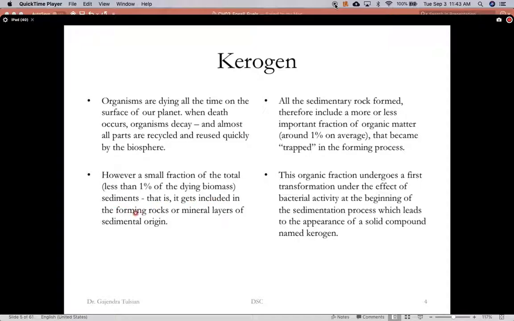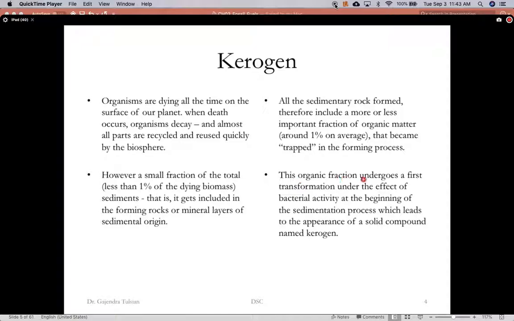That is, it is included in the forming of rocks or mineral layers of sedimentary origin. All sedimentary rocks include a more or less important fraction of organic matter, around 1%, that was trapped during the forming process.